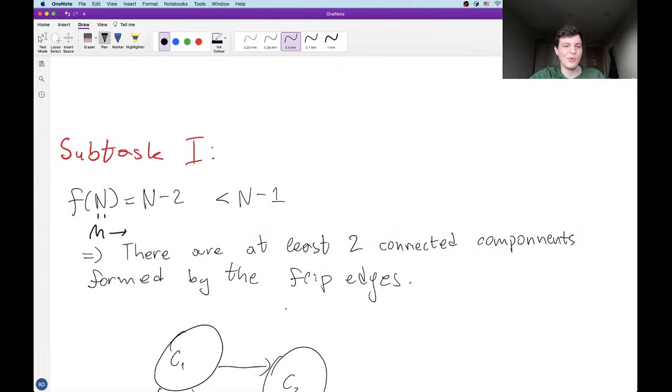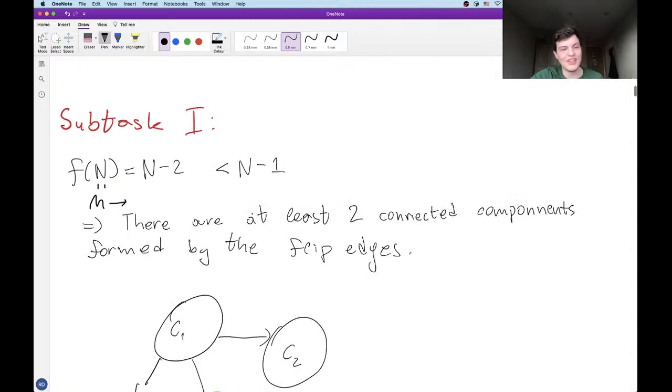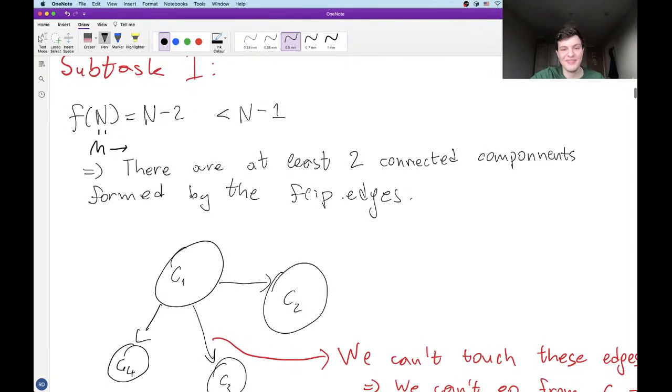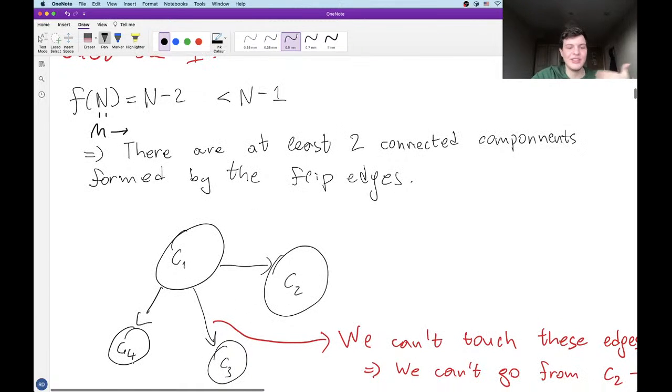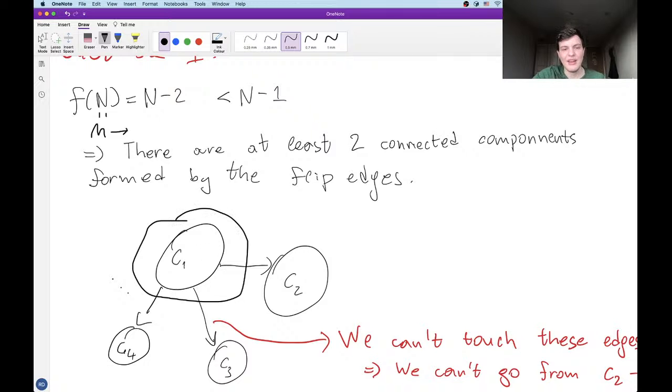So in other words, if you have less than n minus 1 edges, you have at least 2 connected components. Let's just have C1, C2, C3, C4, and so on until Ck. So we'll have some other connected components, and let's just choose C1 as our main component and construct a graph where, from C1, we construct edges to every other component.